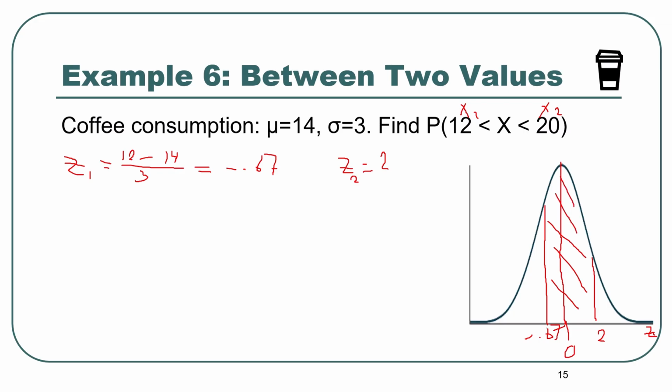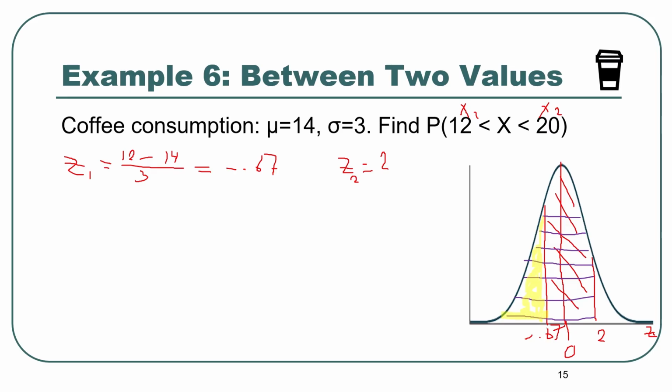How to get it? Well, this is a result of two areas. One of them is that one. So I have two areas, and this target area is the difference between two areas. One of them is that purple area, left of 2, and the other one is this left area that is exactly below the minus 0.67.